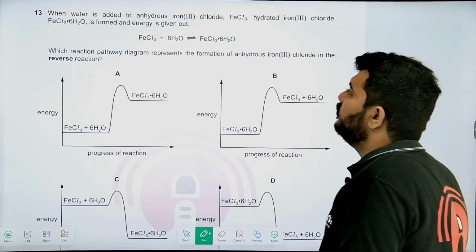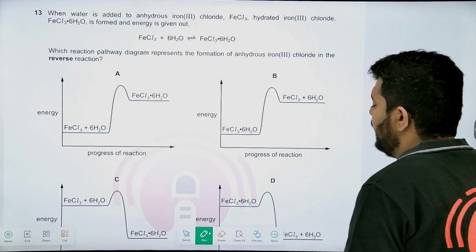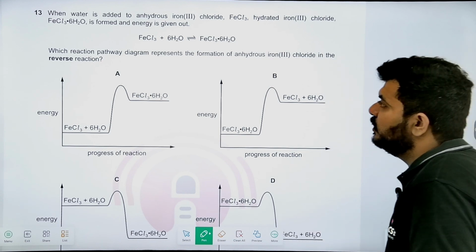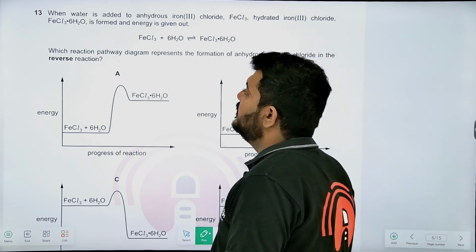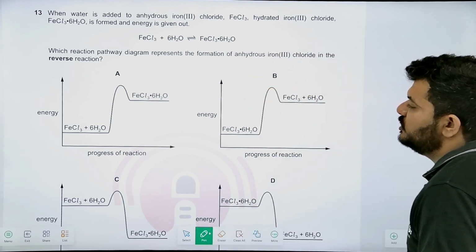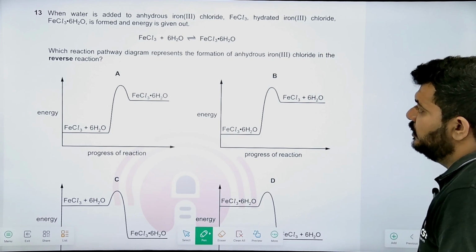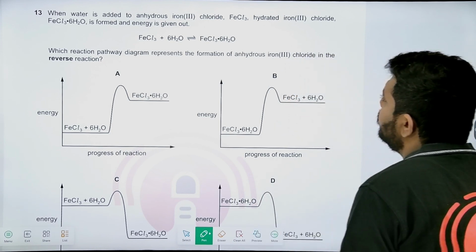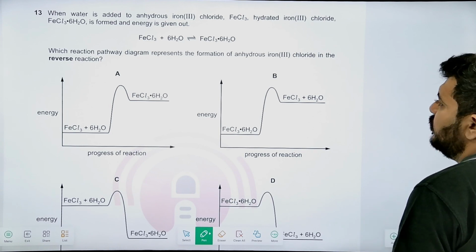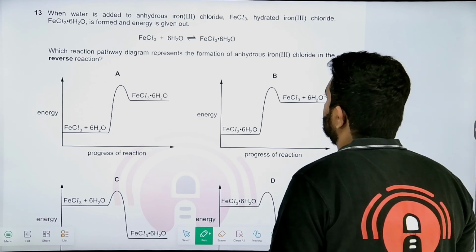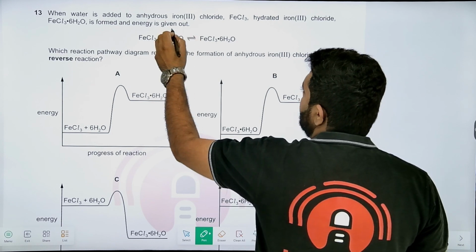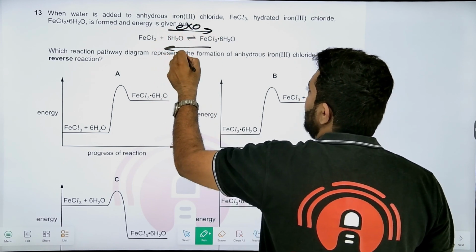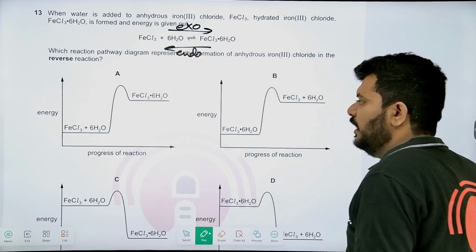Then we have, when water is added to anhydrous iron chloride, FeCl3, hydrated iron chloride, FeCl3 dot 6H2O is formed and energy is given out. Which reaction pathway diagram represents the formation of anhydrous iron chloride in reverse reaction? So, if this reaction is exothermic, this reaction has to be endothermic.